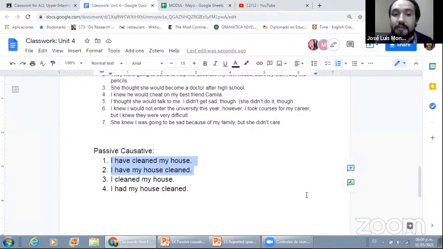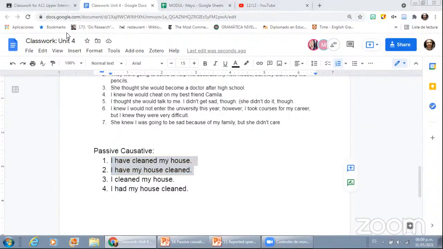Sharai, let's read the 2 first sentences and tell me what is the difference between these 2 sentences for you. Okay, I have cleaned my house. I have my house cleaned.